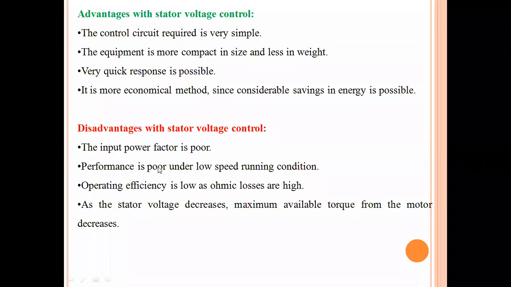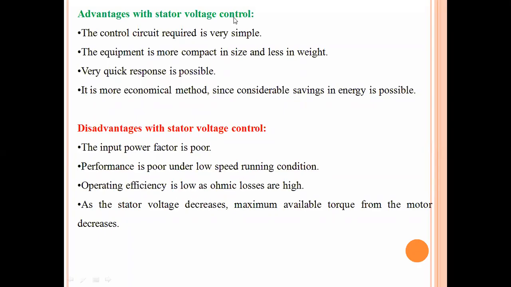And performance is poor under low speed running conditions, because under low speed conditions, slip will be very high. We know slip is (omega s minus omega m) by omega s, where omega s is the synchronous speed and omega m is the actual speed. If the actual speed is very low compared with the synchronous speed, then slip will also be very high.